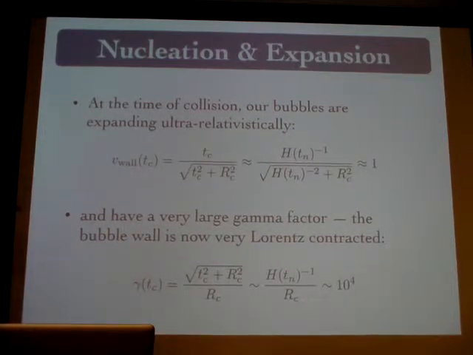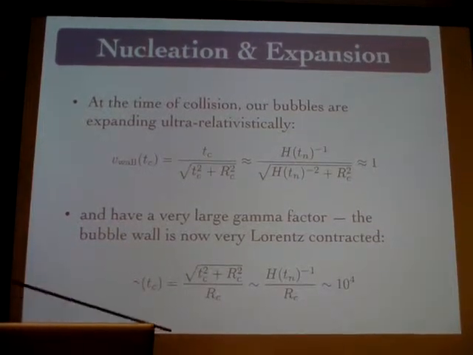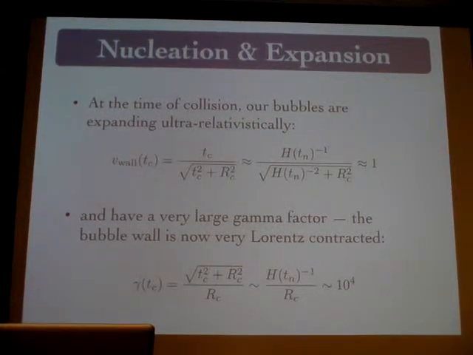As they expand and become Lorentz contracted, the wall becomes very thin. So the usual assumption that people make when they numerically simulate the gravitational wave signal from these colliding bubbles, that all the energy density is concentrated on the bubble walls, is actually a good assumption in this case too. Even though you started with very thick walls, as they expand they become thin.